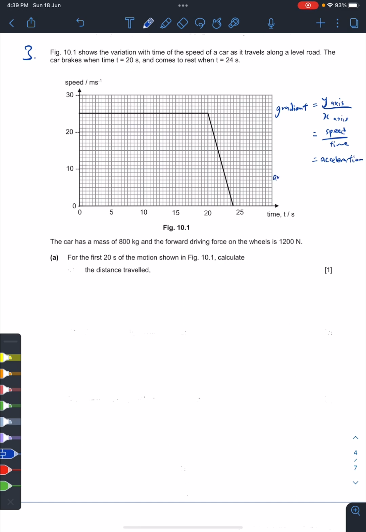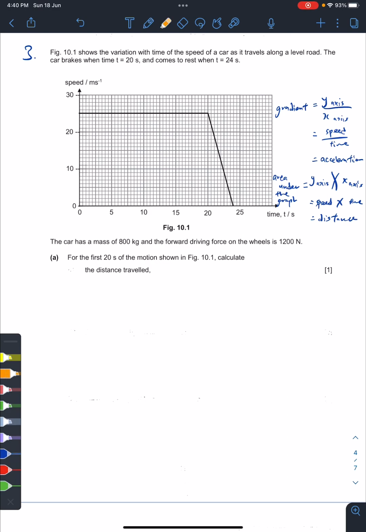And the area under the curve is the y-axis multiplied by the x-axis, which in this case is speed times time, equal to distance.